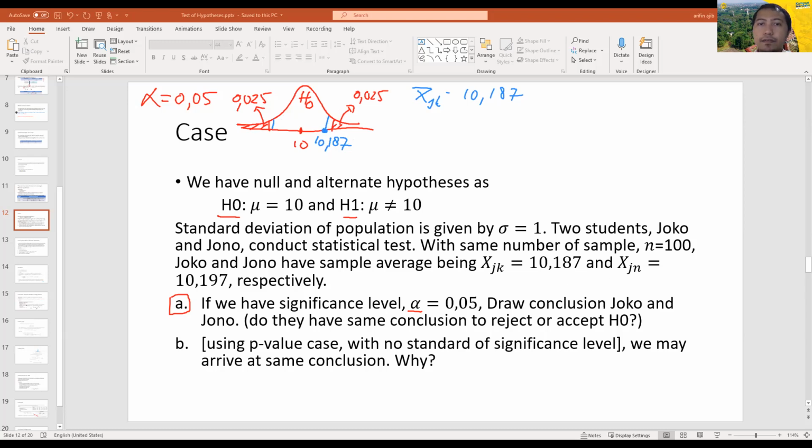And then Jono has 10.1197. The location is here.